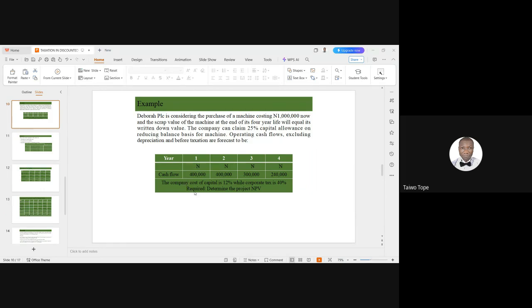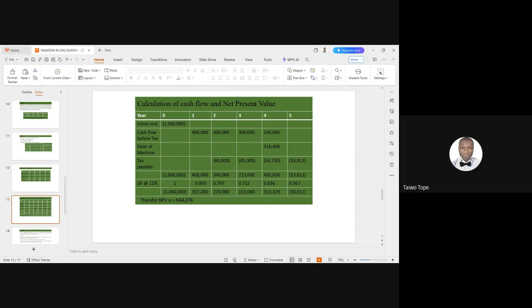It's assumed, since the question didn't state otherwise, that the tax will be paid in arrears, except where the question states otherwise. So the tax value for year one we pay in year two, for year two we pay in year three, for year three we pay in year four, and for year four we pay in year five. And that is why you can see it in this order.